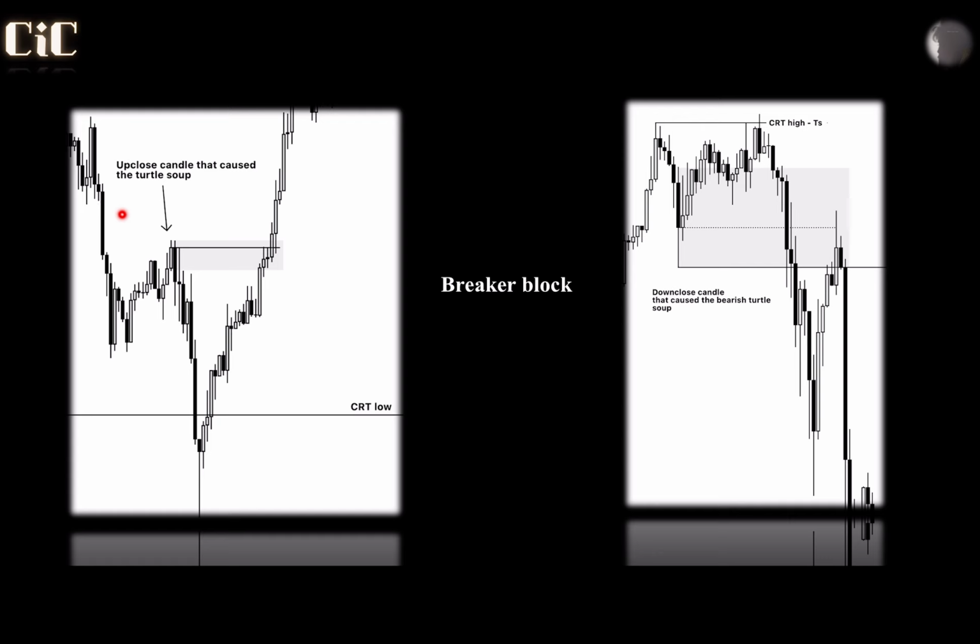All right? So the breaker is this one specific up-close candle which caused the dump. As soon as you close above the candle, the sensitive point in the breaker is going to be the closing price. It's always going to be that way. And this is one of the ways to achieve near-zero drawdown entries.